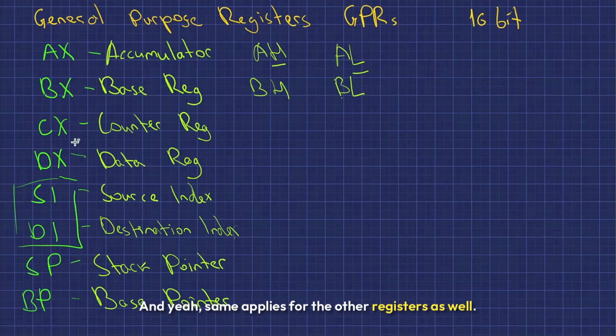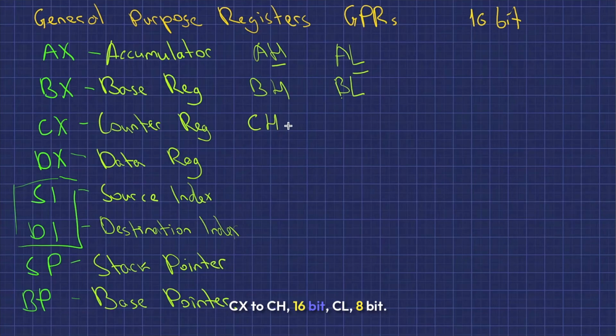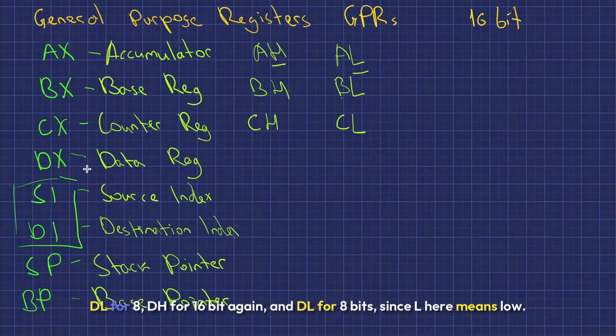The same applies for the other registers: CX to CH and CL, and DX to DH and DL, where L means low.